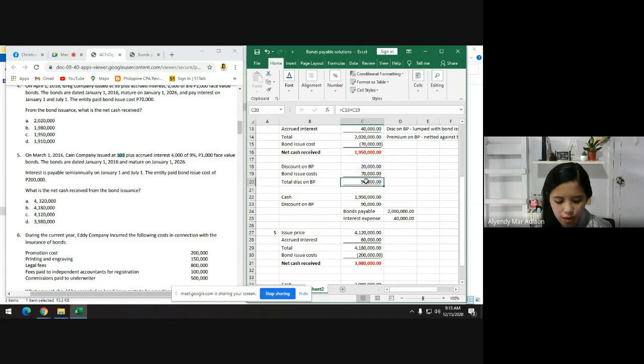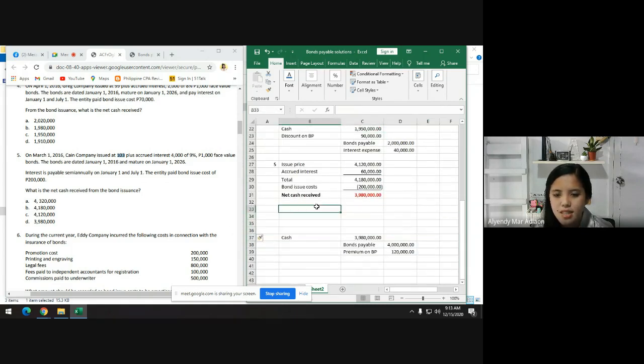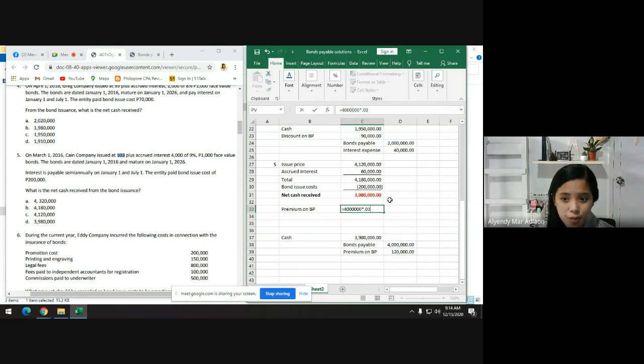No? 90,000, which is the one that we recorded in the journal entry. Now, how about in number 5? Okay, so since the premium and the bond issuance cost should be netted against each other, so premium on bonds payable, we have, di ba, 4 million times 3%. Hagi ka ng 3%, kaning patong nga 3%, 103%. So that is 120,000. So, i-minus na to ang bond issue cost.